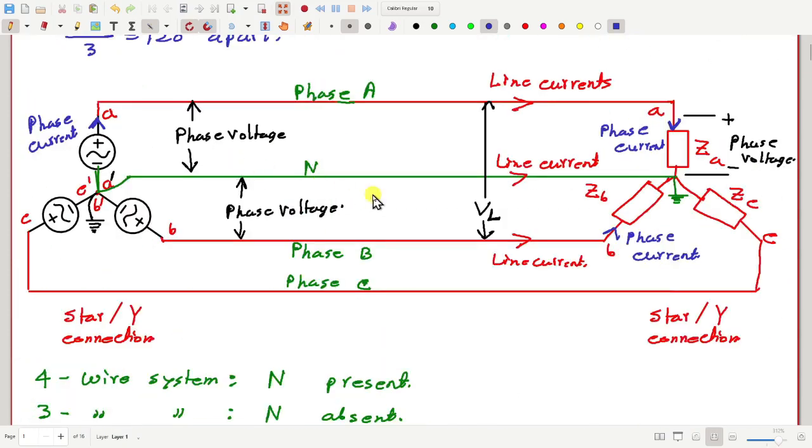That is also true for star connection: if ZA, ZB and ZC are equal complex impedances and the source voltages are equal and 120 degrees apart, it is a balanced system. Otherwise, unbalanced.